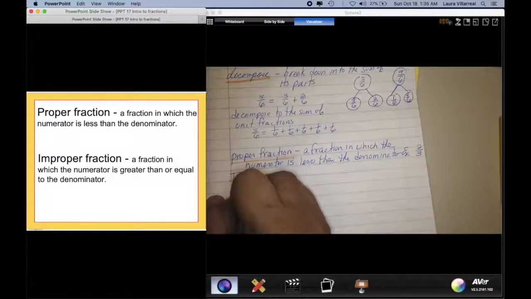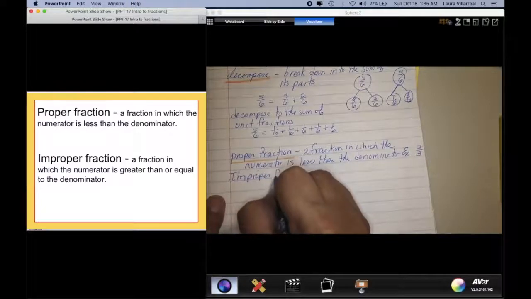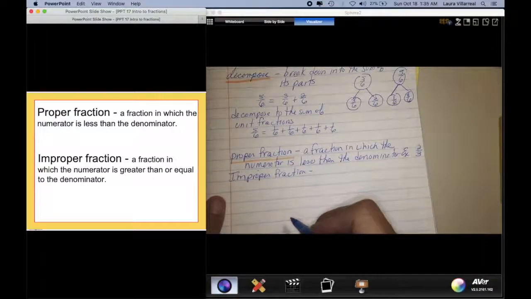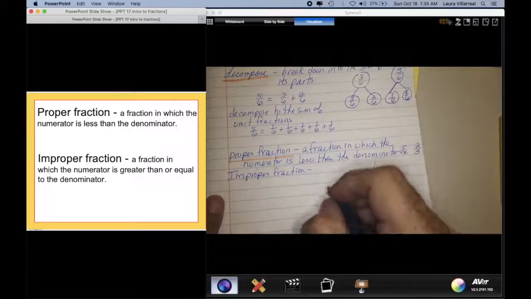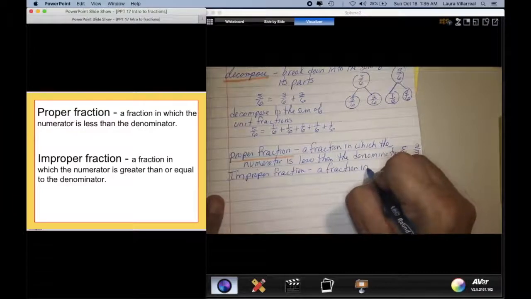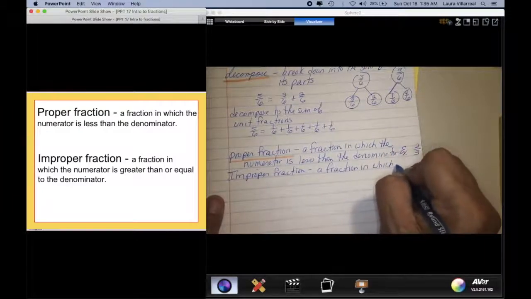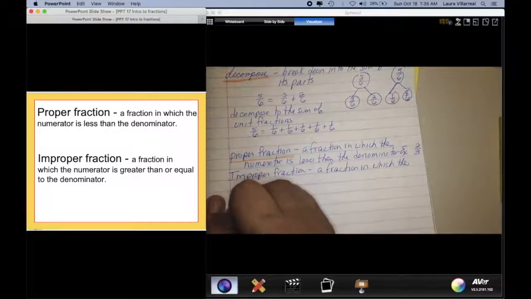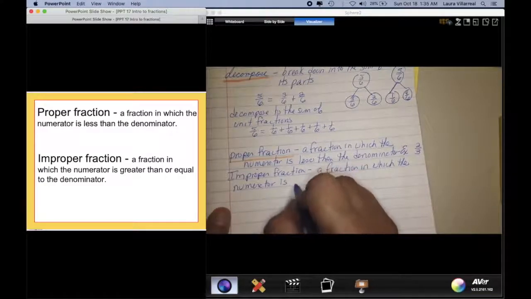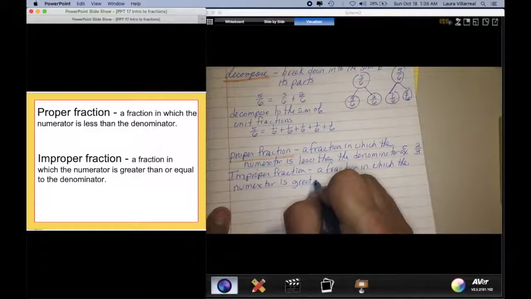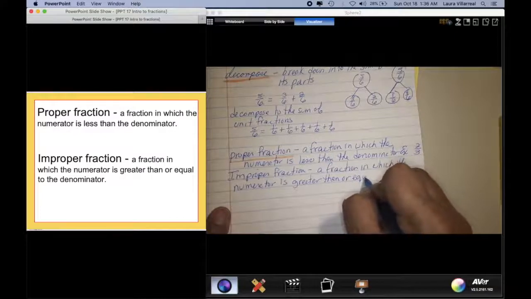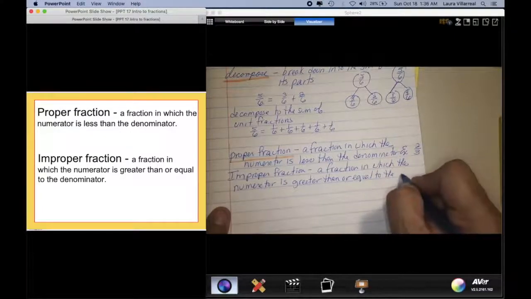An improper fraction is a fraction in which the numerator is greater than or equal to the denominator.